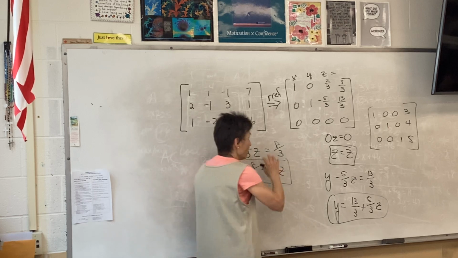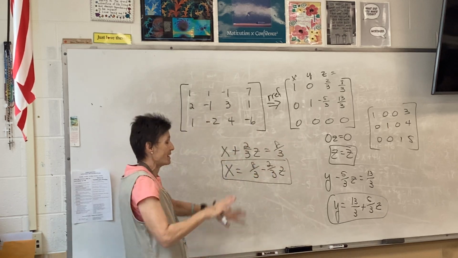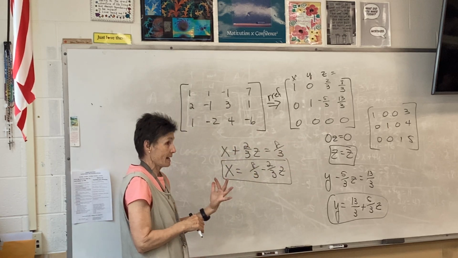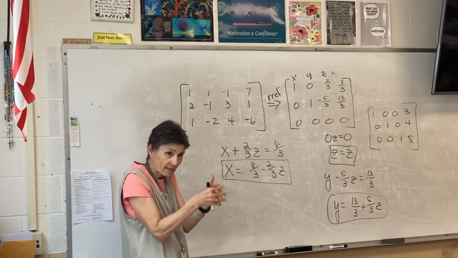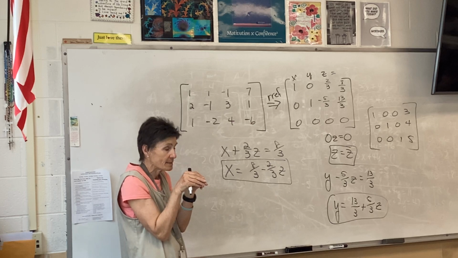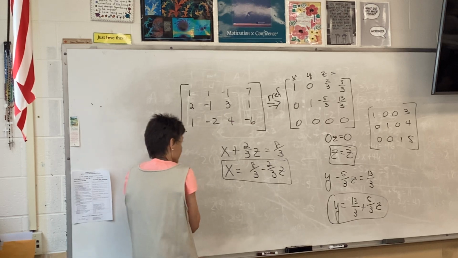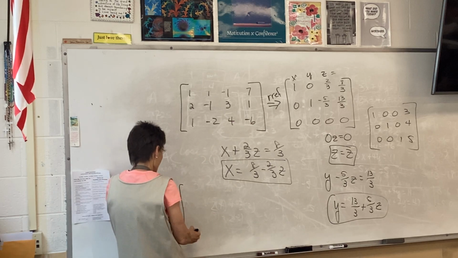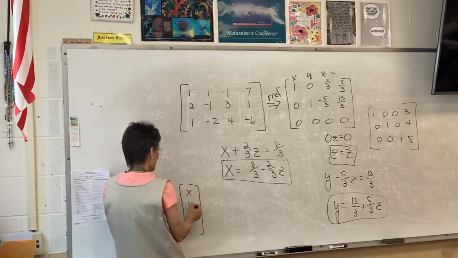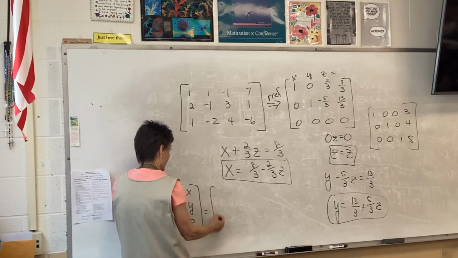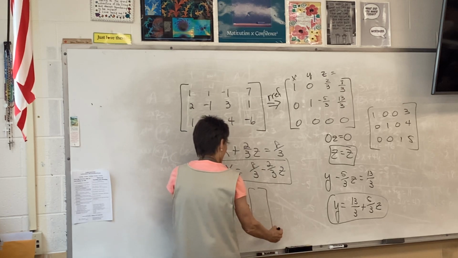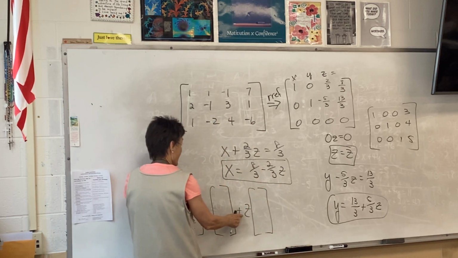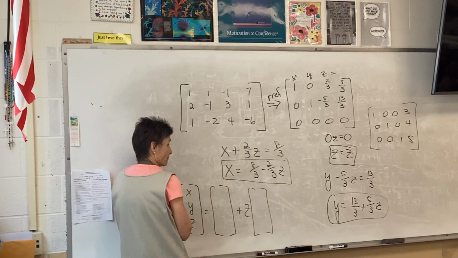Now, this is a mess. So we need to organize it. So remember how we do that? How do we write our answer to get things organized? We say here's my variables. This is x, y, and z. And each one has 2 parts, a regular number and a z.